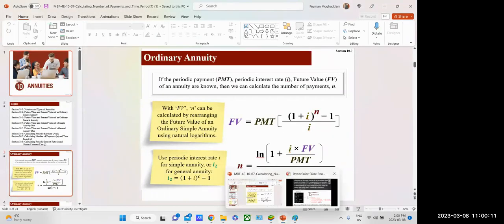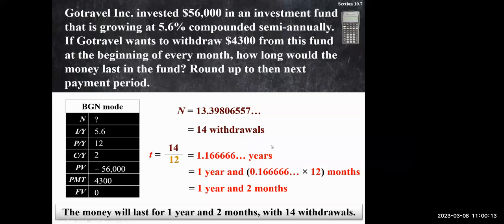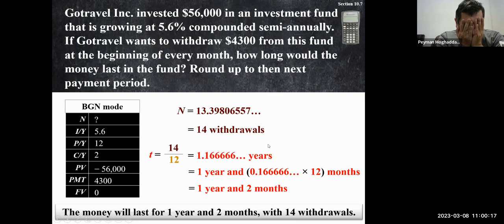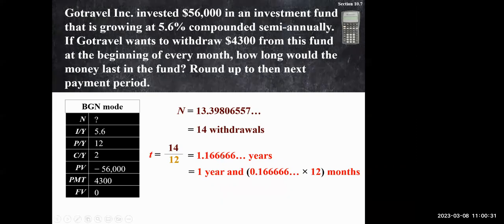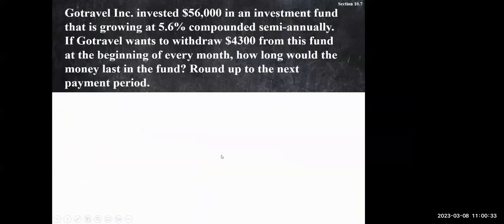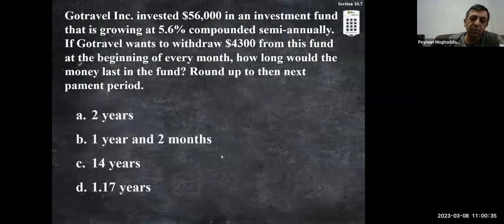What if they're both right? What do we choose? Okay, so I think your question is that if you put 1.6666, you make it 1.17, right? So the question is B or D, because 1.16 years. Let me see. D, right?